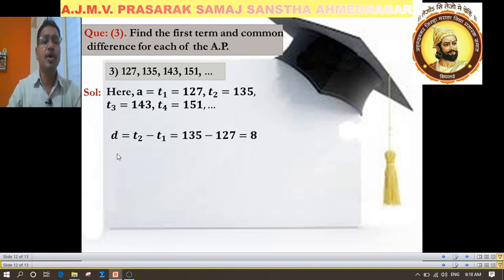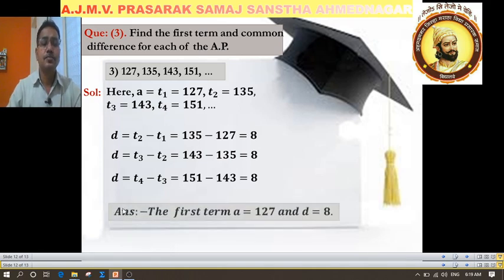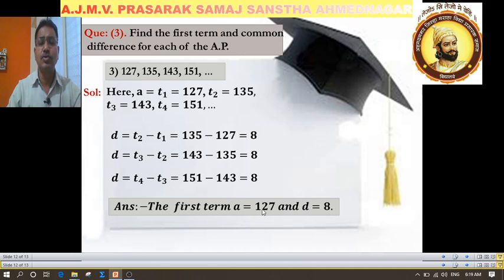This common difference may be obtained by taking the difference between t3 and t2. So t3 minus t2, 143 minus 135, which is also 8. So again d is equal to t4 minus t3 is equal to 151 minus 143, which is equal to 8. So the answer is the first term a is equal to 127 and d is equal to 8. So in this way, if an arithmetic progression is given, then we can obtain the first term a and the common difference d.